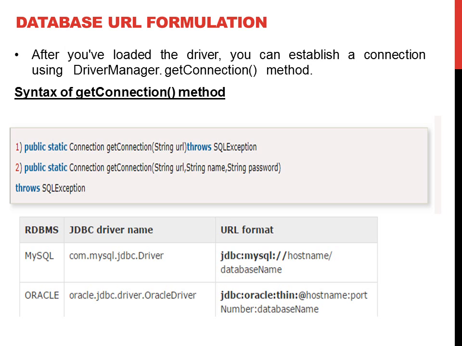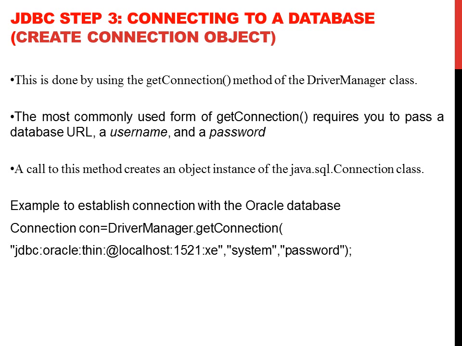For MySQL, the driver name is com.mysql.jdbc.Driver, and for Oracle, the driver name is oracle.jdbc.driver.OracleDriver. You have to study the names of the MySQL driver as well as the Oracle driver, and you should know the format of the URL.